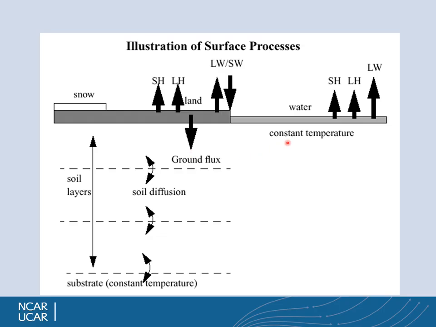WRF also has to deal with water surfaces, and those are usually just constant temperature unless we're using one of those ocean options that I mentioned before. And there the surface layer scheme directly provides a sensible and latent heat flux. But when you're running a land model, the land model has to provide these fluxes as part of its output.